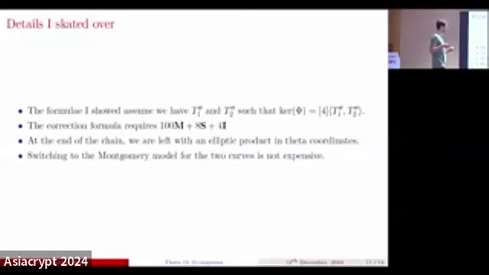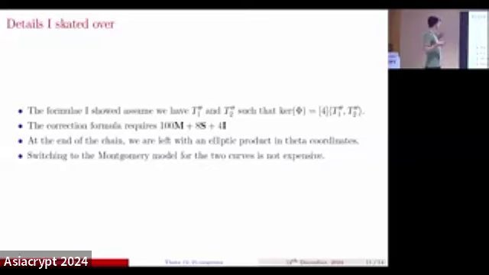Another assumption that I've made before is that I'm computing isogenies whose kernel is aligned with the theta structure. Well, what happens if the kernel is not aligned with the theta structure? You need some new correction formulae, and the cost of this step requires roughly 100 multiplications, 8 squares, and 4 inversions.